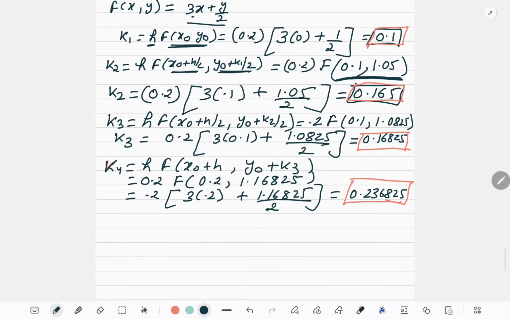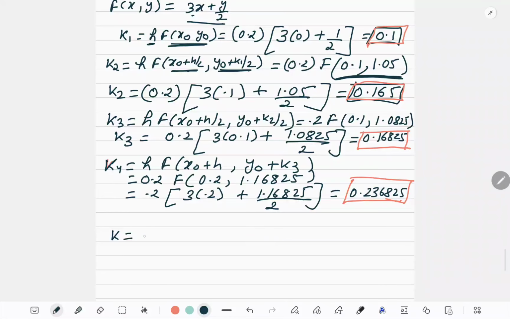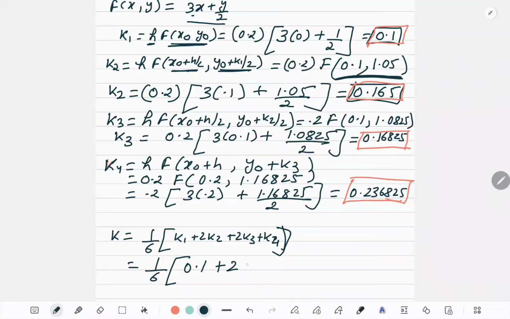Now the next thing is I'll find out the value of K. K is 1 by 6, K1 plus 2 K2 plus 2 K3 plus K4. So this is equal to 1 by 6, 0.1 plus 2 into 0.165 plus 2 into 0.16825 plus 0.236825. Right?